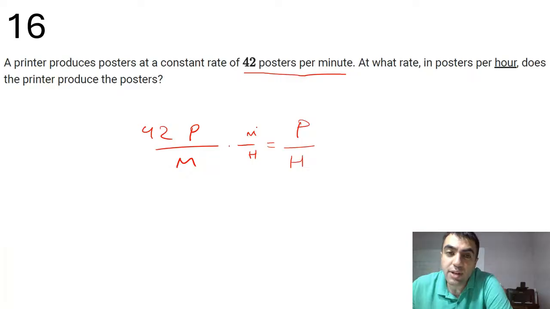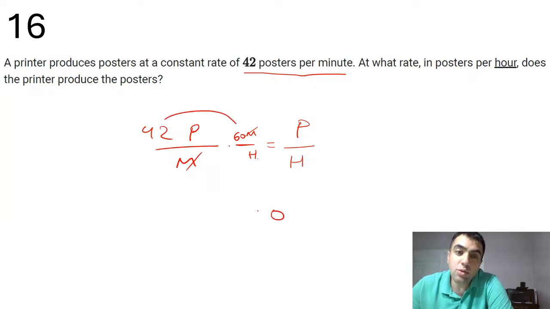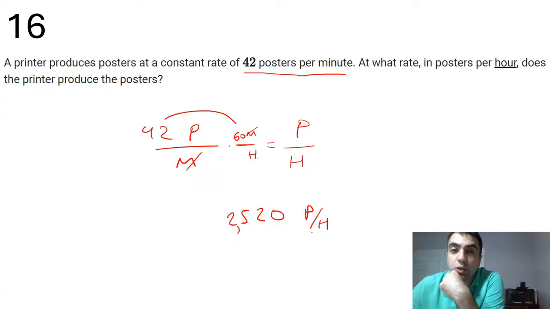We should cancel out these minutes and we are going to get posters per hour. So how many minutes are there in 1 hour? We know that 60 minutes. So we get 42 times 60, which is 2520 posters per hour. Okay.